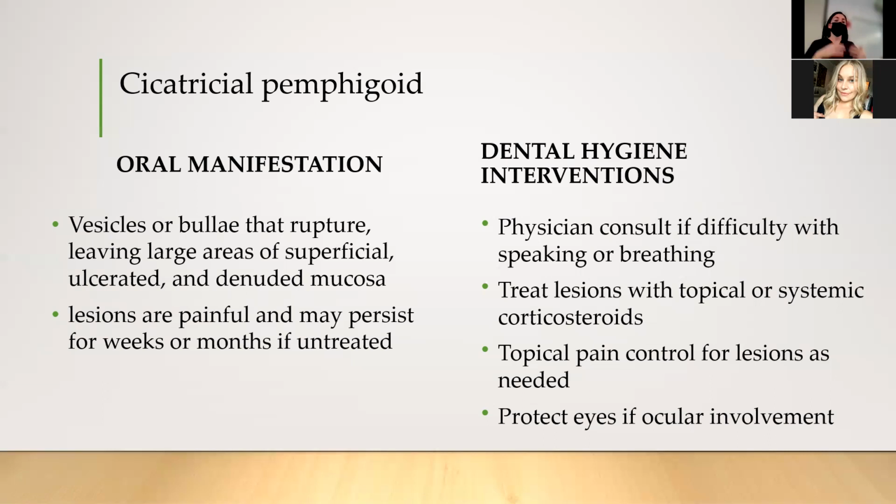I'm sure all of it could potentially be a big deal, but for us, we probably aren't likely to see it as often. And then we would just find out what they're being treated with. And if they keep saying, I get this and I don't know what it is, it might trigger in your memory, oh, maybe this is that pemphigoid thing. And then you can help them by talking to their physician about that, and they could get it biopsied.